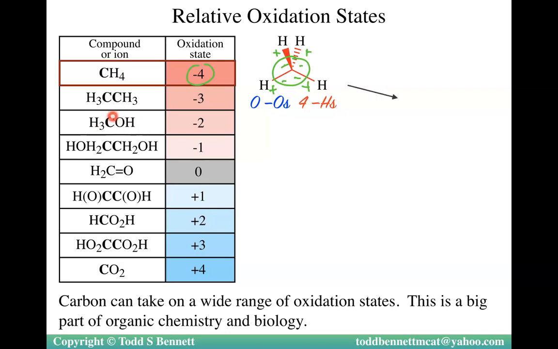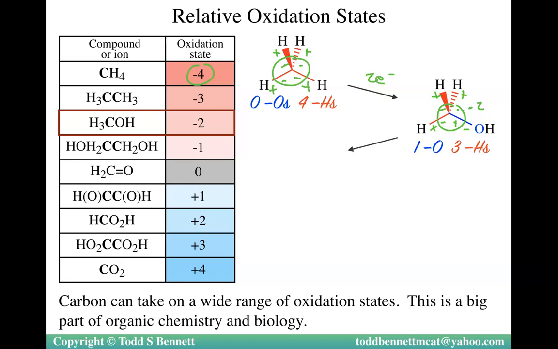So if I go to methanol from there, then I lost one of my bonds to H, so I only have 3 H's, and I have 1 bond to O. And just double check: plus minus, plus minus, plus minus, plus minus, minus, minus, minus, and plus. So this is -2. So sure enough, it was loss of 2 electrons.